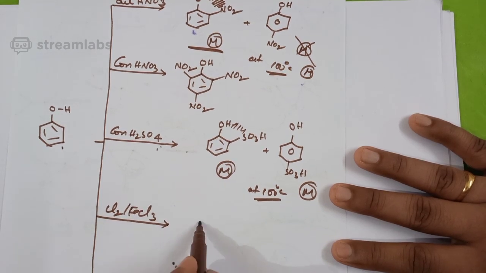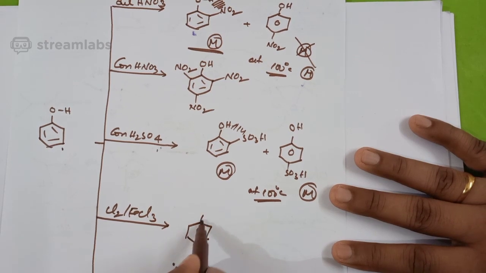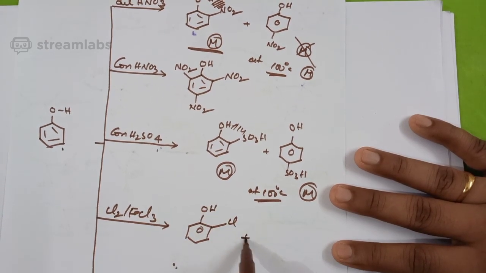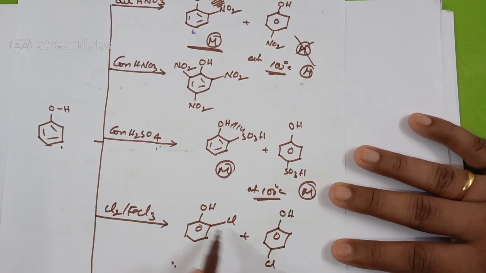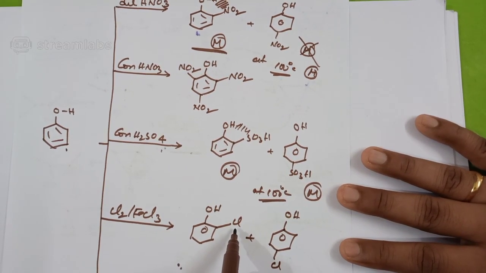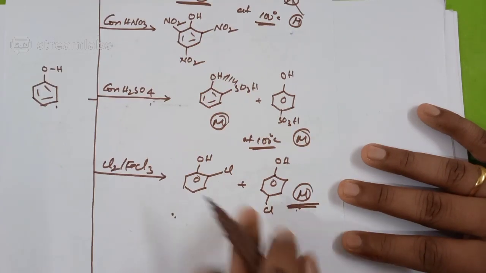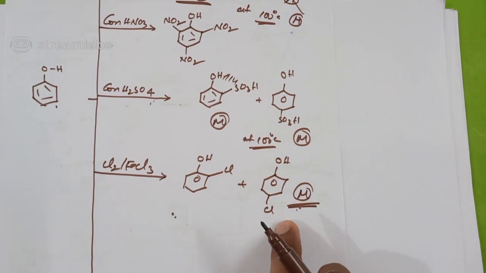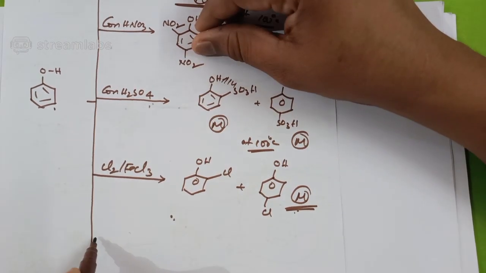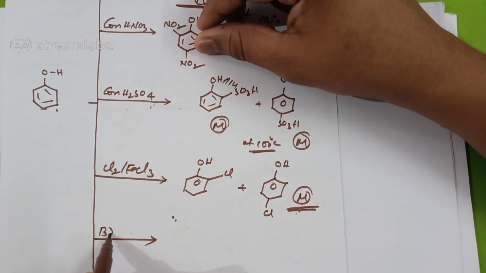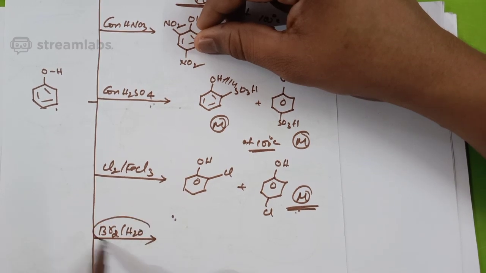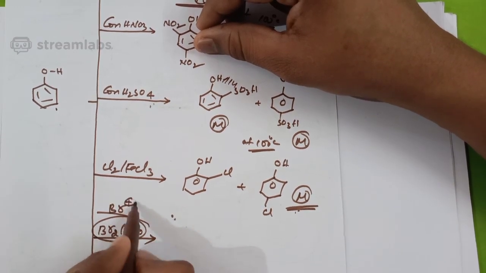In this case we get Cl here and here, right? But this chlorine has no hydrogen bonding here. Then whatever the temperature, low or high, the para one is major because of no repulsions.